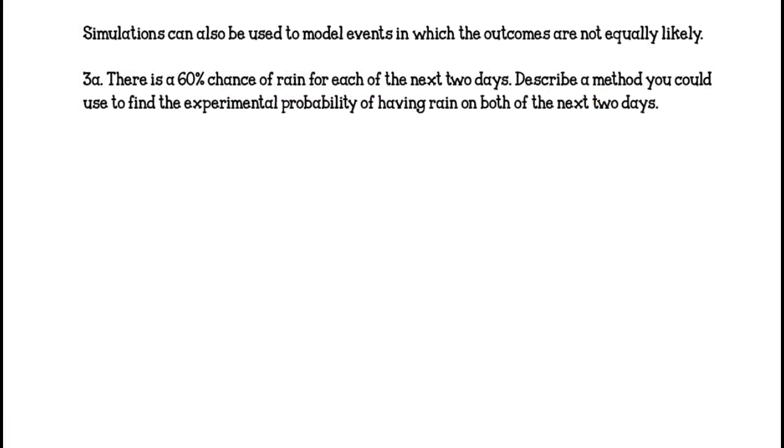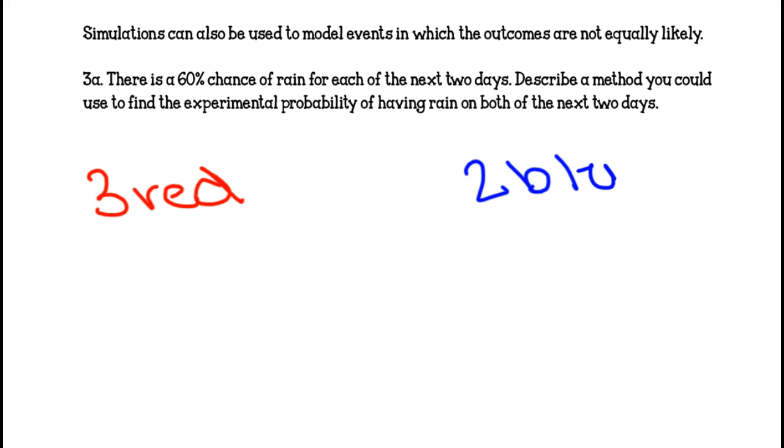Simulations can also be used to model events in which the outcomes are not equally likely. So 3A, there's a 60% chance of rain for each of the next 2 days. Describe a method you could use to find the experimental probability of having rain on both of the next 2 days. The book's option, which I thought was a really good one, is to put 3 red and 2 blue marbles in a bag.